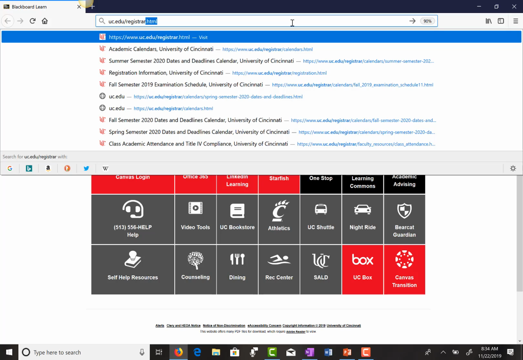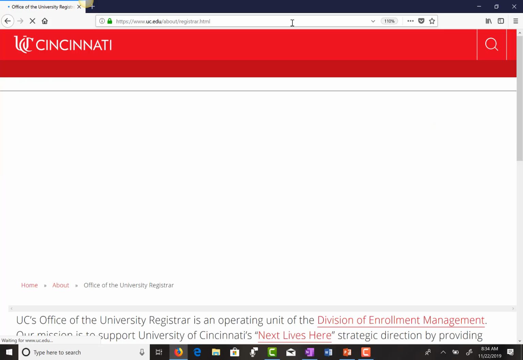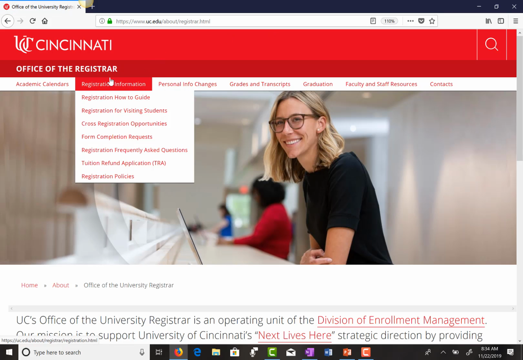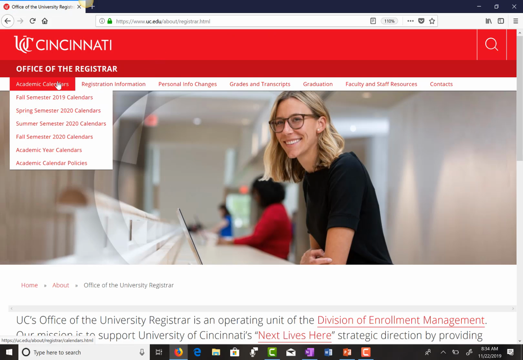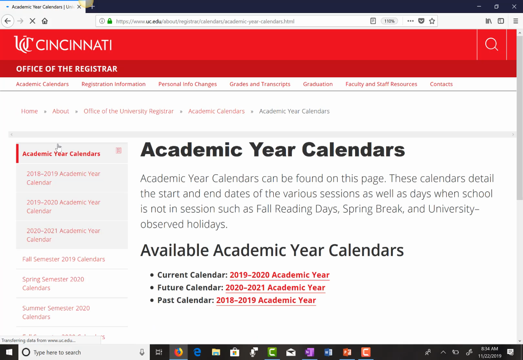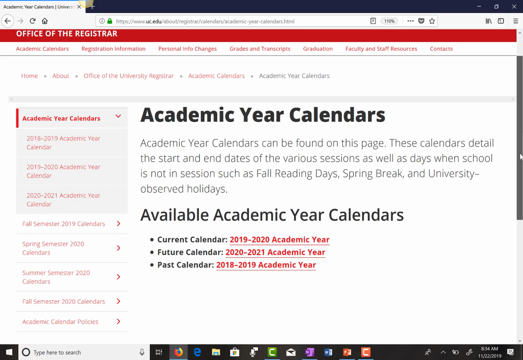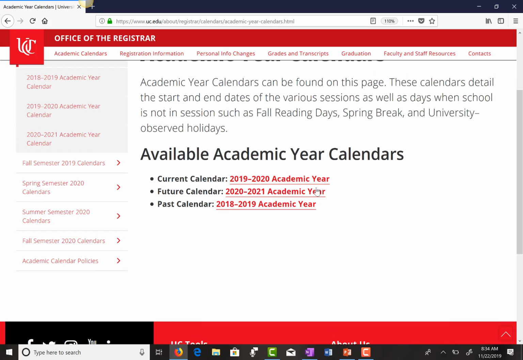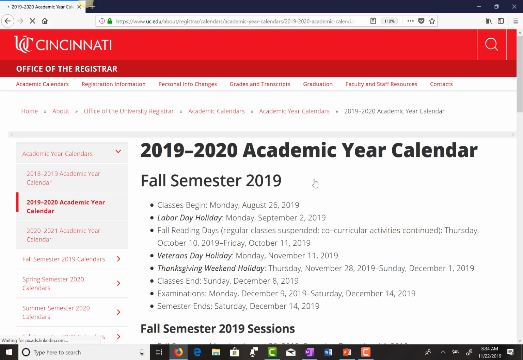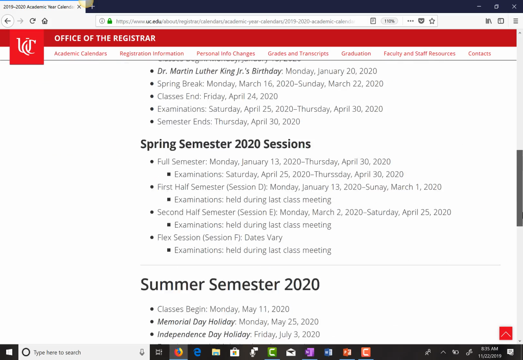When you're checking for the schedule, go to uc.edu/registrar, and registration information, and look at academic calendars. If you drop down to academic calendars, we can check the current calendars, 2019-2020. There's fall semester 2019, spring semester.